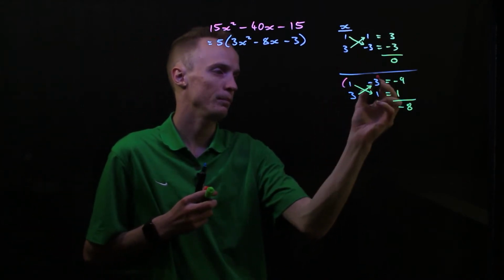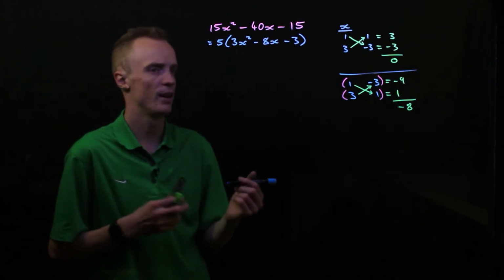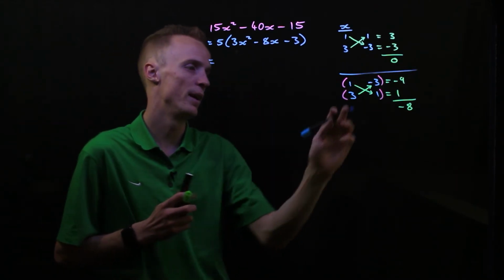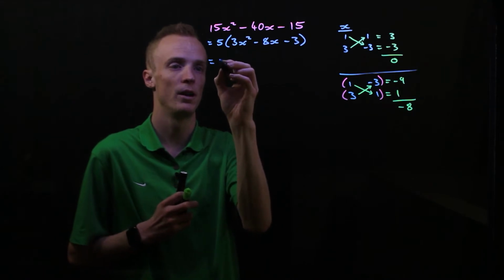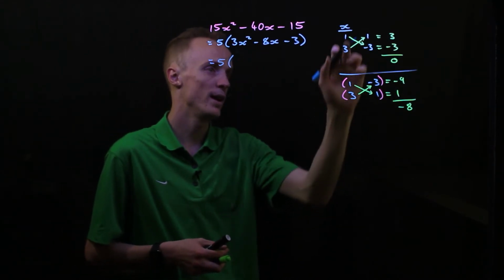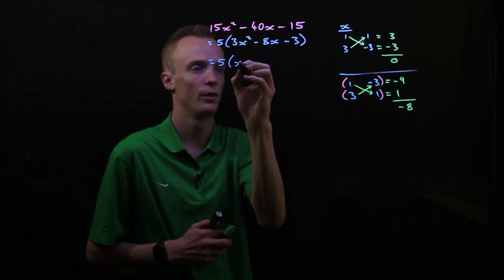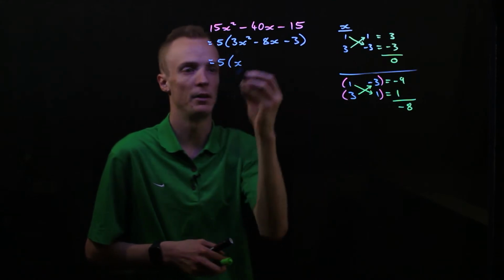So when I do that, I've got to keep my highest common factor of 5 here. My first linear factor is 1x, because it's in my x column, so 1x, which is just x, and then subtract 3.